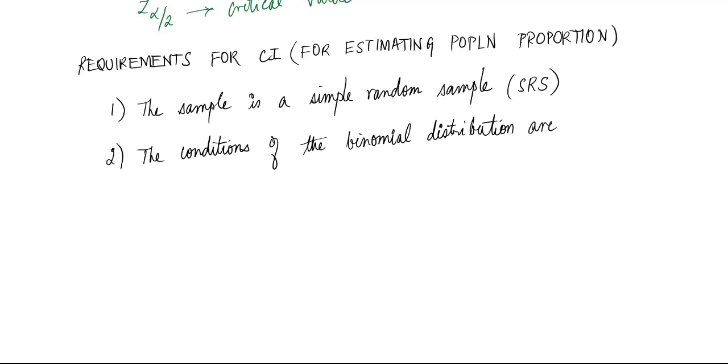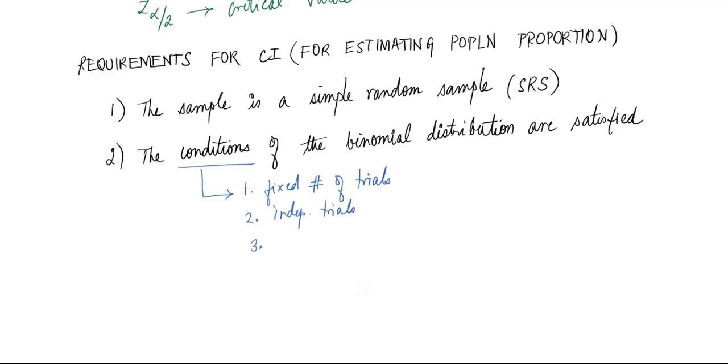We must make sure that these are satisfied. If you go back to that, there were actually four underlying conditions that had to be satisfied. Okay, so one was you had to have a fixed number of trials. Two, the trials were independent. This is from a binomial lesson, okay? So you can go back and check there. And there were two outcomes only.